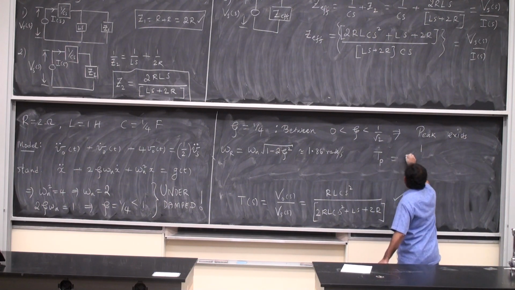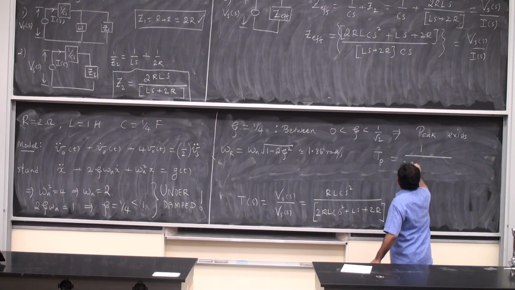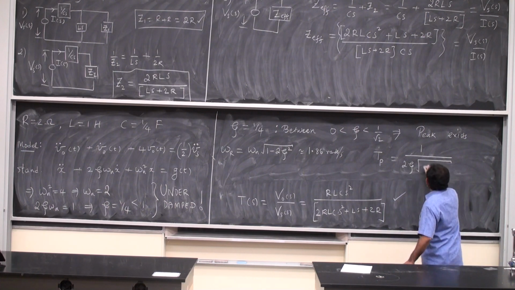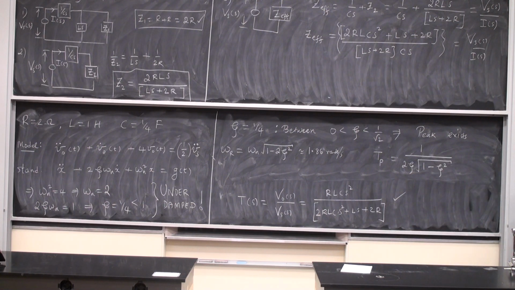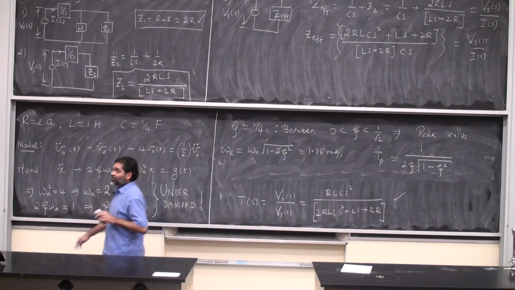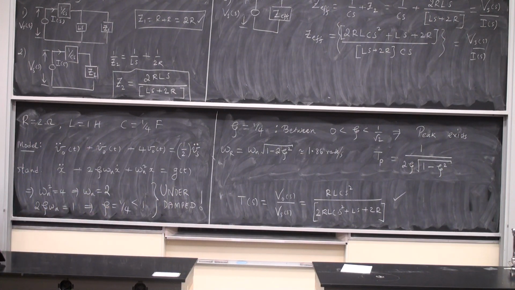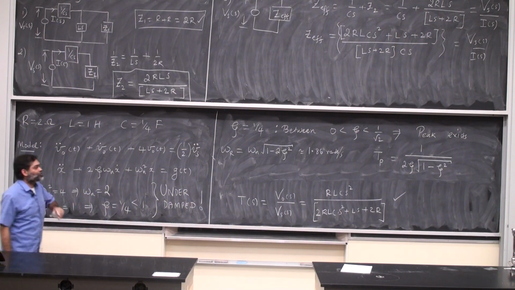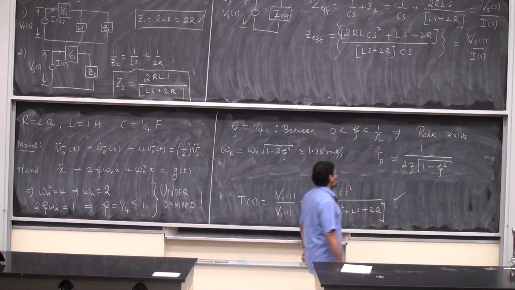The peak value is 1 over 2 zeta times the square root of 1 minus zeta squared. Okay, so this is where I made the typo. There was a factor of 2 in my notes. Please get rid of it. It will change everything, though not by so much, because you're going to disregard that term anyway. When damping is very small, this factor of zeta squared is very small, so we can approximate this to be 1/2 zeta.